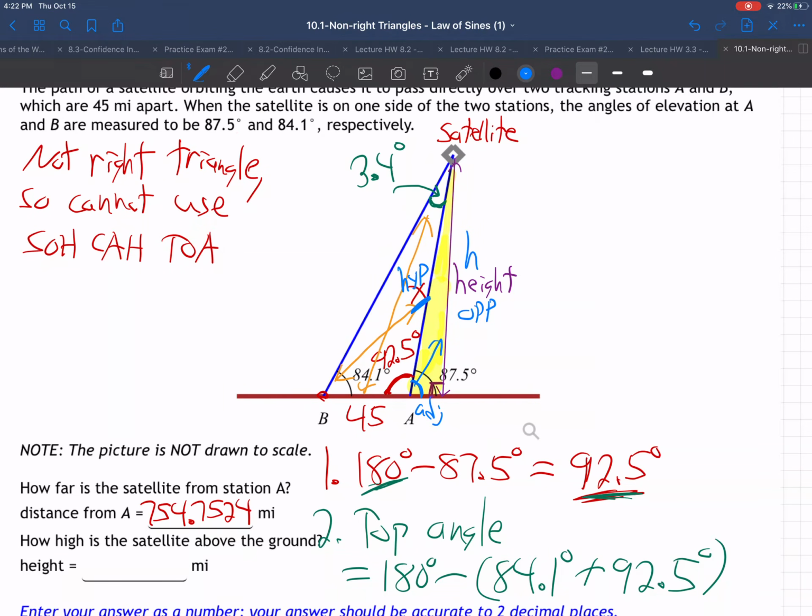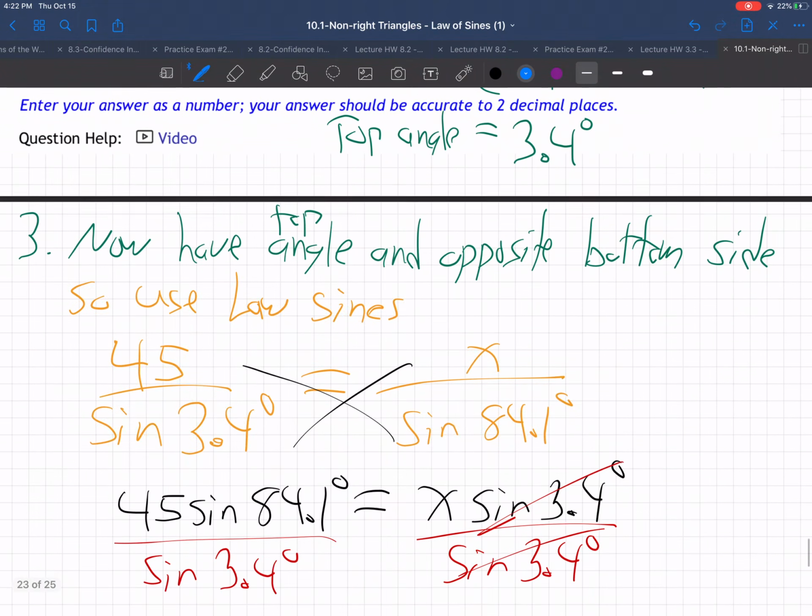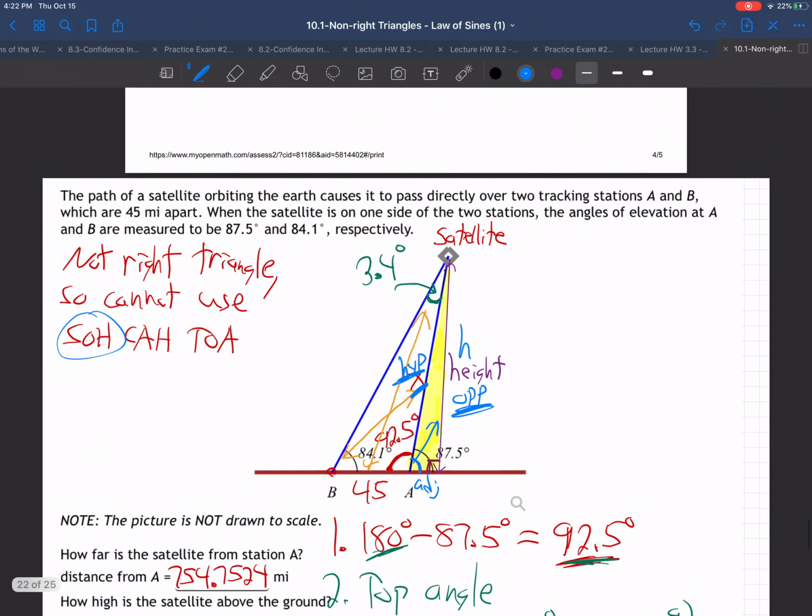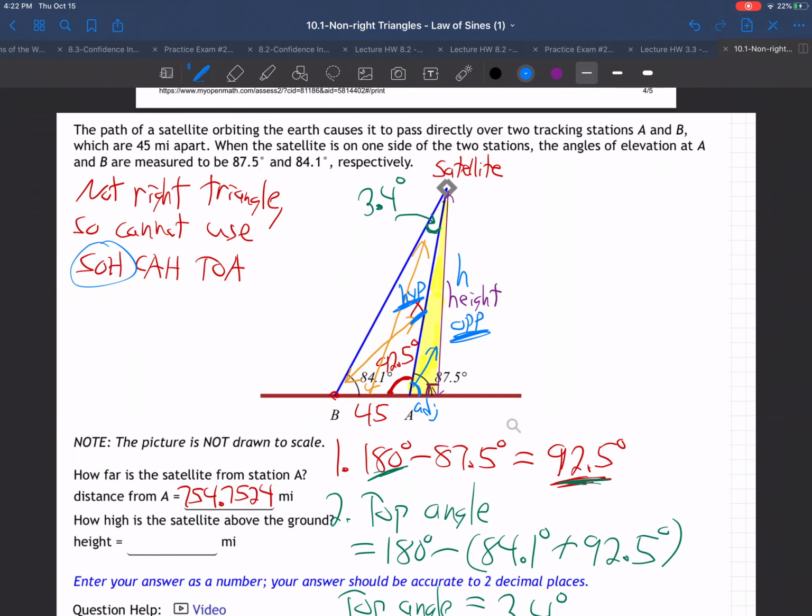I can use SOHCAHTOA. So what trig function involves opposite, which I'm trying to find, and hypotenuse, which I have? Opposite over hypotenuse, sine. So for the final step, this will be step number 4. Step number 4, sine of the angle 87.5 degrees is going to be opposite over hypotenuse.